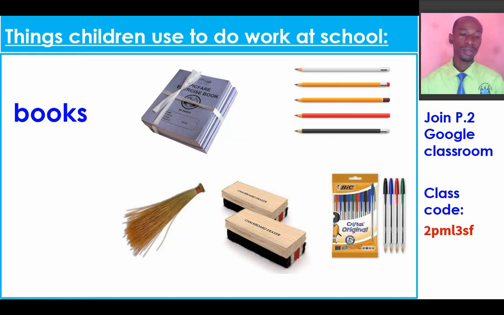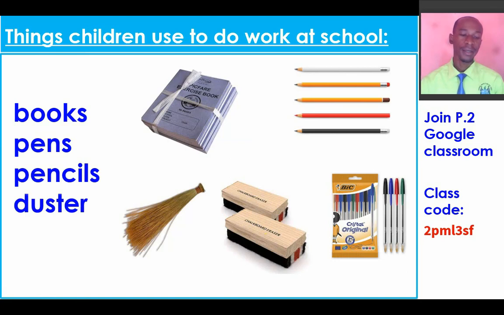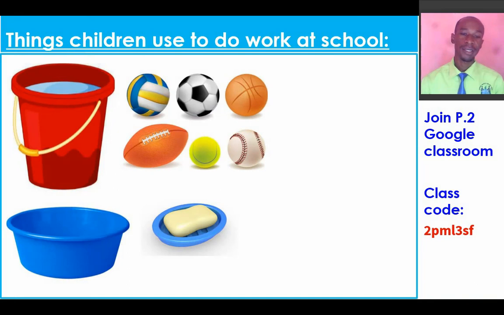We said we need books, we need pens, pencils, duster, broom or brooms. And when reporting to school, you must be having most of these items listed here. On the day you report to school, let's add on the list, because we are looking at things children use to do work at school.